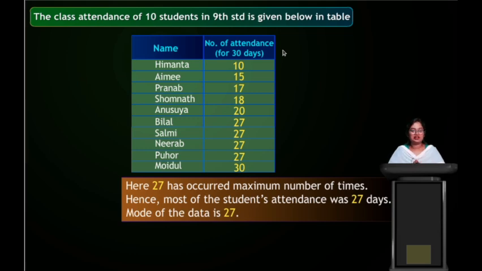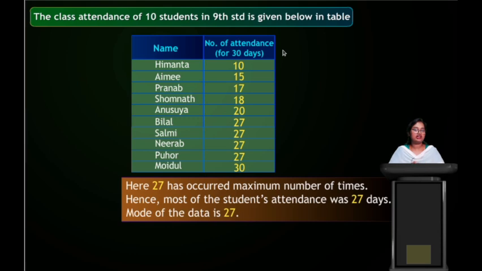What about median? What is meant by median? It is the middlemost value in the given set of data, isn't it? Yes. Before finding the median, what do we have to do? We have to arrange the data in ascending or descending order, then find the median. The last one is the mode.